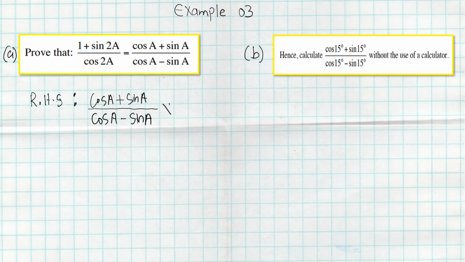So in other words, I'll just come to this expression and multiply. If I want to rationalize the numerator, I'll multiply by cos A, but I have to change the sign. Minus sine A divided by the same thing, cos A minus sine A. So that is called rationalizing the numerator.